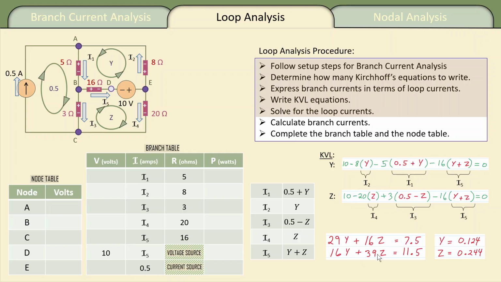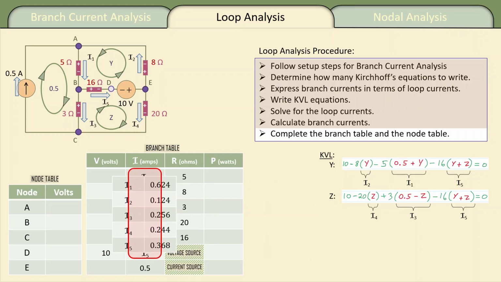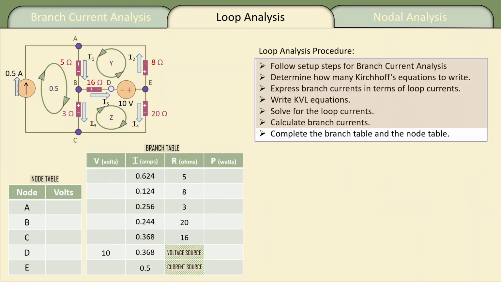We could use Excel or just solve this ourselves. And we get Y is 0.124 and Z is 0.244. Once we have those loop currents, we can solve for our branch currents. And once we have our branch currents, we can enter them in the branch table, and then we can go on to complete the branch table.